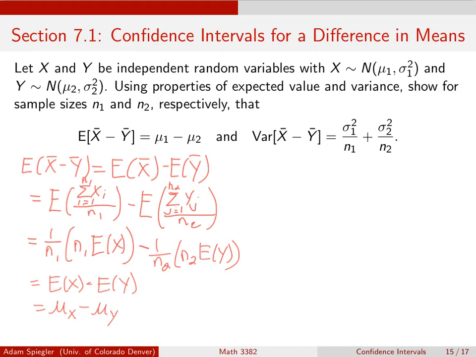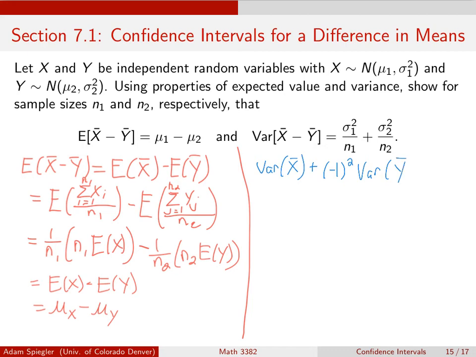Okay, so now let's try and prove this statement about the variances. With variance, keep in mind that we're calculating the expected value of something squared. So when I break up the difference here, it's going to be the variance of x bar plus, and when we pull out that constant minus 1 in front of the y bar, we square it.